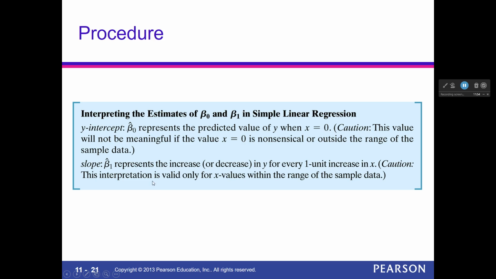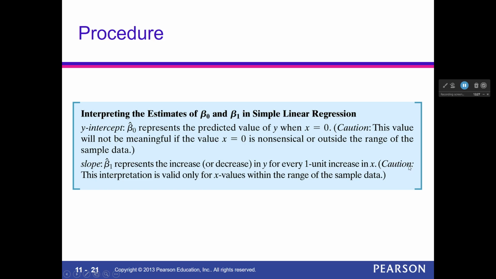Interpreting the estimates. That y-intercept is where x is equal to 0. This value will not be meaningful if the value of x is 0, is nonsensical, or outside the range of the sample data. So don't worry about it making sense. The slope, beta hat 1, represents the increase if it's positive, or decrease if beta 1 is negative, in y for every 1 unit change in x.